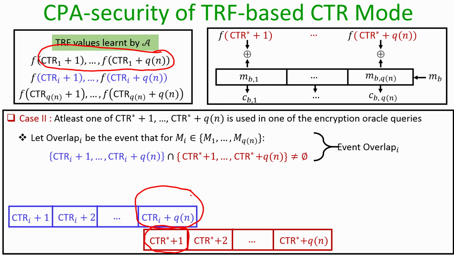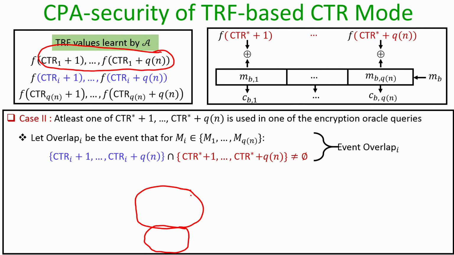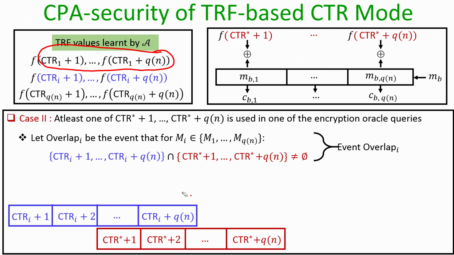That could be one way in which overlap could occur, right. Or it could be possible that the first two counter values which have been used to encrypt the first two blocks of the challenge plain text overlap, or are the same as, the last two counter values which have been used to encrypt the last two blocks of the message MI.